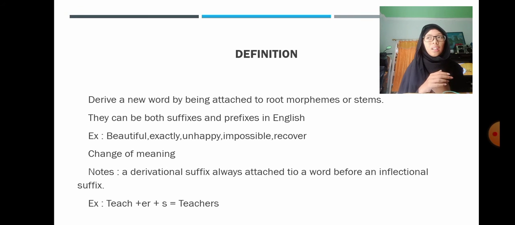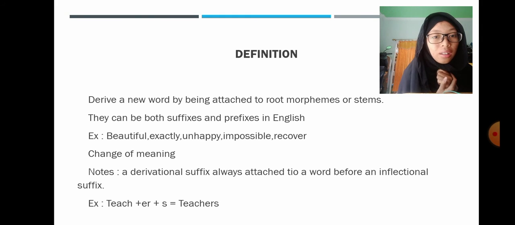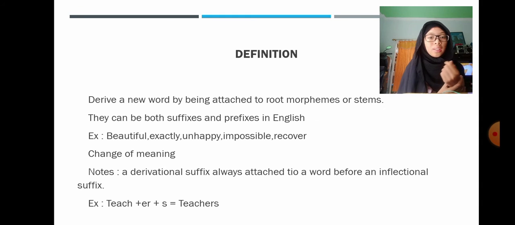Derivational morphemes change the meaning if we add prefixes or suffixes. And for the note, a derivational suffix is always attached to a word before an inflectional suffix. For example, teach plus er plus s, there is a change of meaning to become teachers.